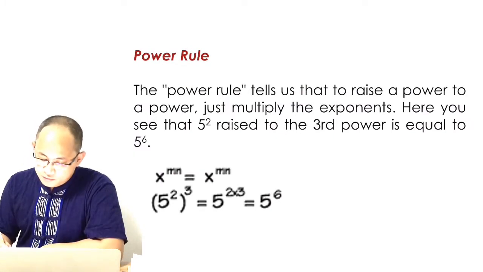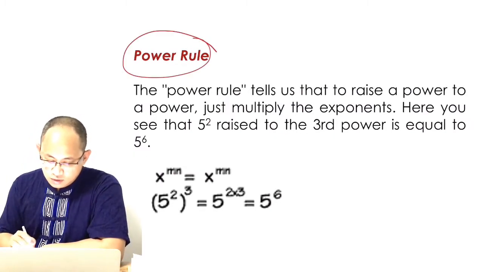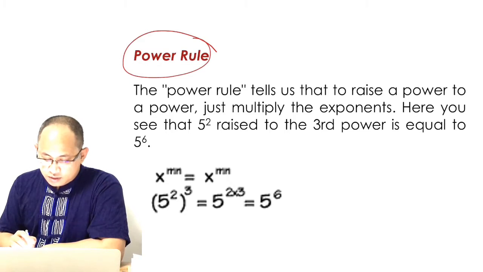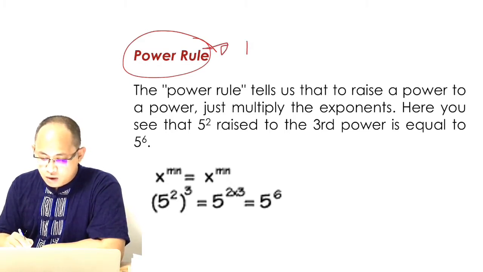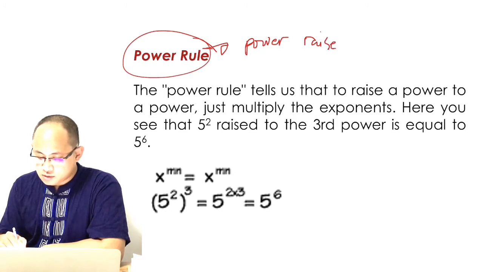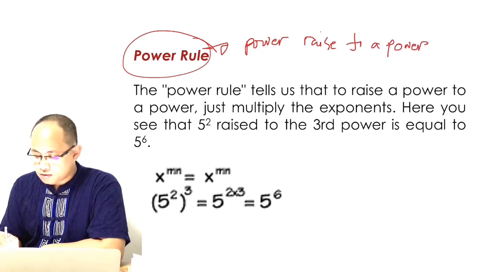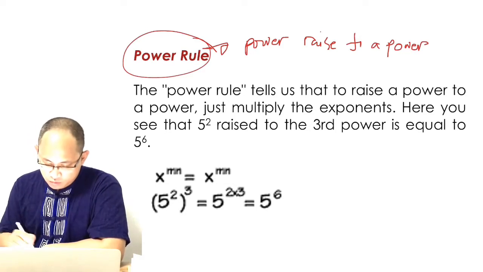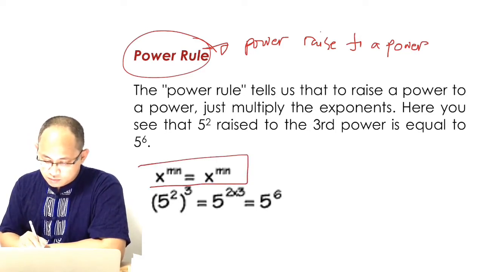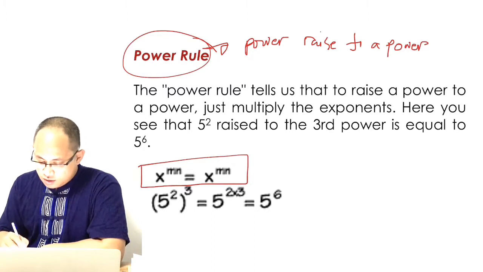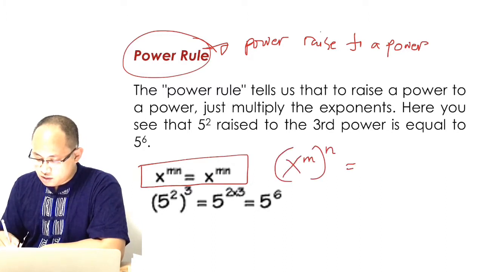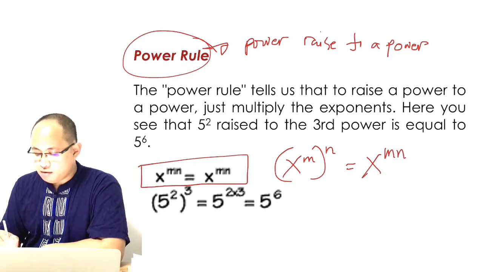Third, we have the power rule: a power raised to a power. For example, this is the pattern: x to the m, raised to n, gives you x to the mn.